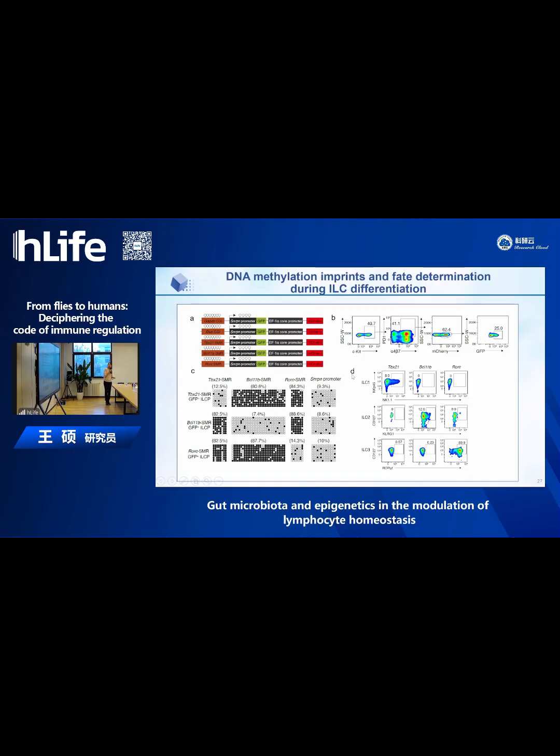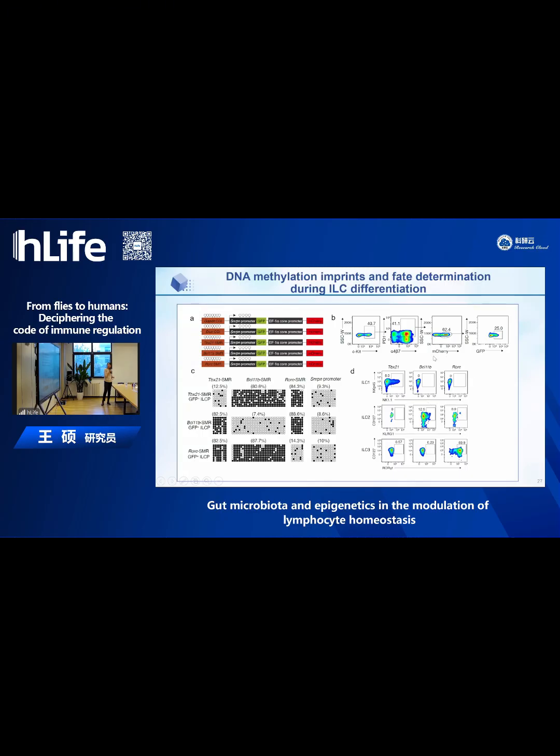Then we wanted to know whether these SMRs, the signature methylation regions, are inherited from the precursor cell to the daughter cell. We used methylation tracing models, and we found that if the precursor cell has the signature methylation levels of ILC1 cells, it differentiates restrictively to ILC1, and similarly for ILC2 and ILC3.